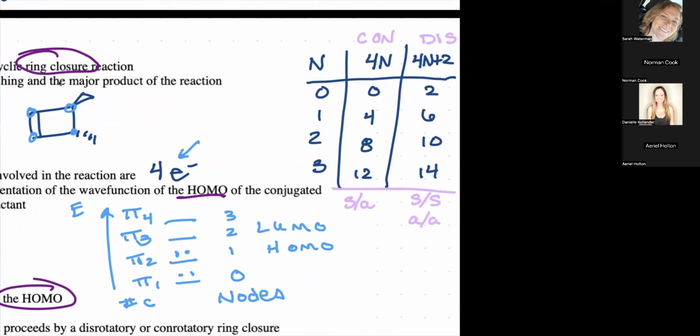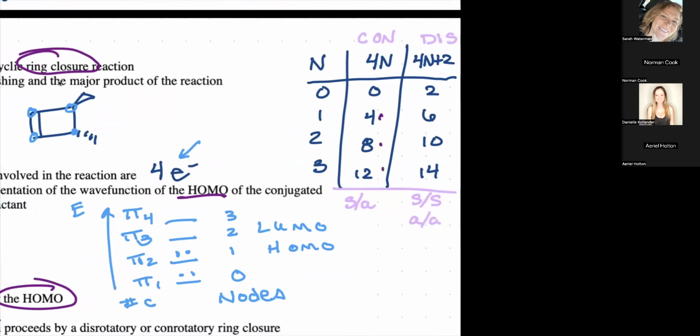Disrotatory is 4N plus 2, because it's like 4, 8, 12, or 2, 6, 10, 14. I would say just memorize this the best you can.